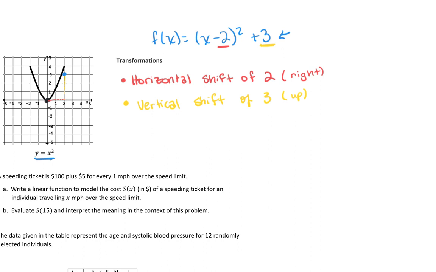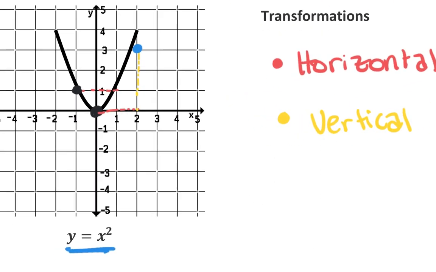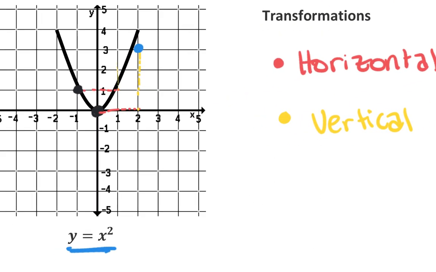I'm going to shift this point here, right 2, and up 3. So that means our new point is right here. All right, and I'm going to shift just one more point. I'm going to shift this point here, right 2 and up 3 units. So our new point is right here.